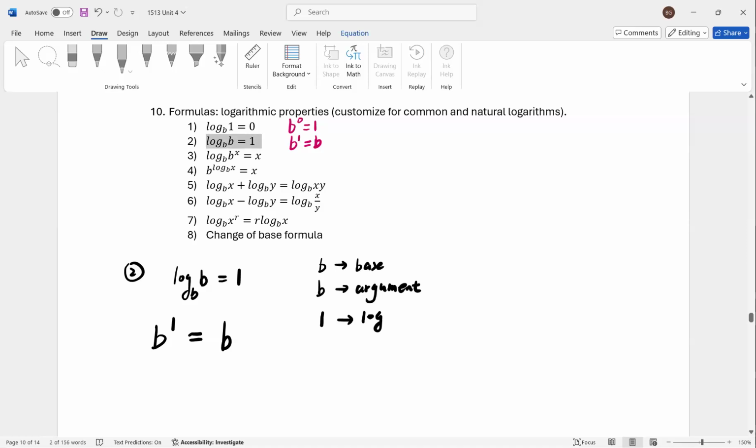They are equivalent. Since b to the power 1 equals b is a true statement, so log with base b of b equals 1 is also a true statement. You can memorize this formula as: if a log whose base and argument are identical, then the value of the log is 1. You're going to have to purposely memorize. That's the second formula.